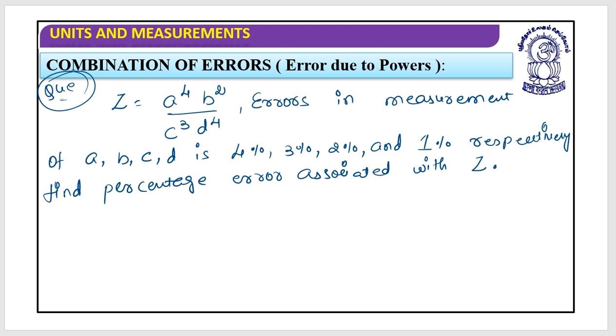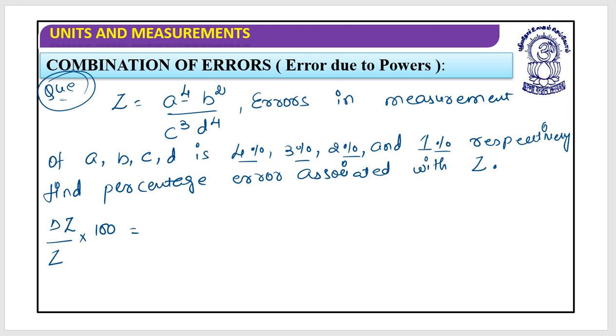So they have already given the data in percentage. Whatever answer you are going to receive will automatically come in percentage. So it is by default delta Z by Z into 100.